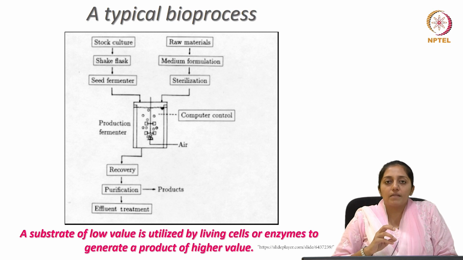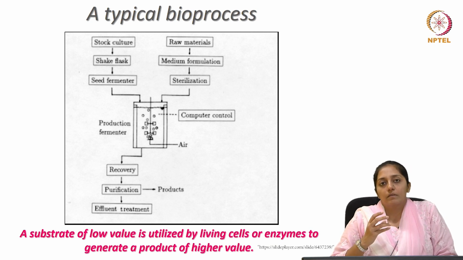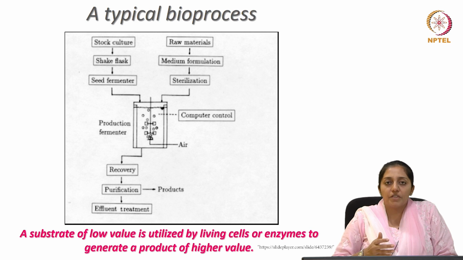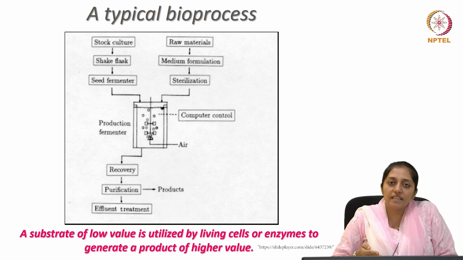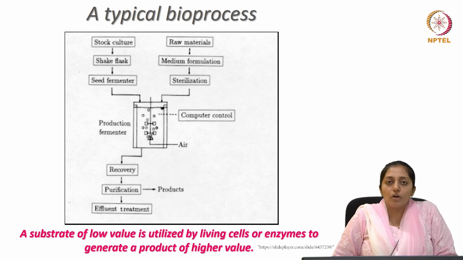At the shake flask level, you can optimize the medium composition to find the right medium nutrients for maximum product formation, and shake flask studies are also used for screening of cell lines, finding the highest yielding cell line. So from the stock culture, you make a working stock by bringing it to shake flask level.